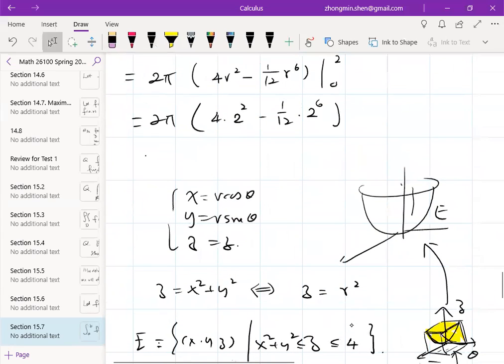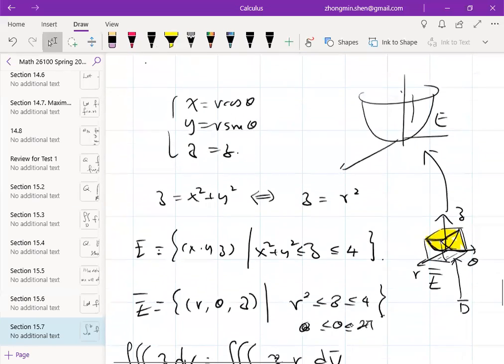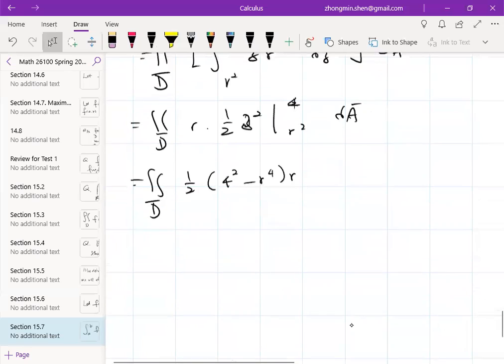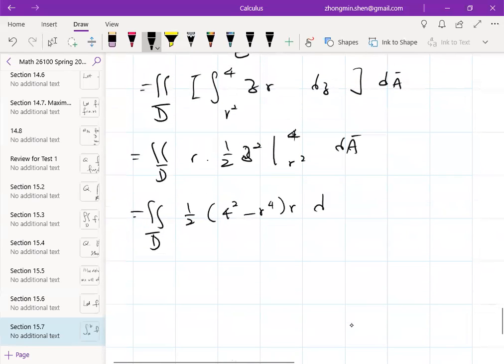I'm not going to finish that part. This is 16 minus a fraction, so you will end up with the same integral.